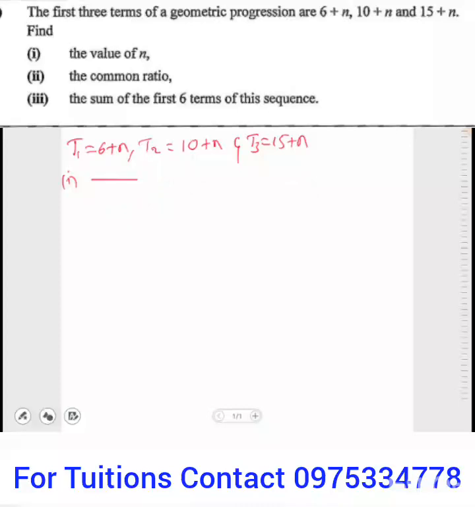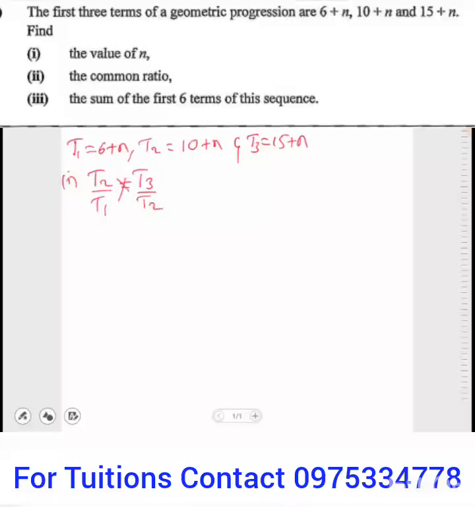So we are going to say T2 over T1 is equal to T3 over T2. This is what we are going to do to find the value of n.